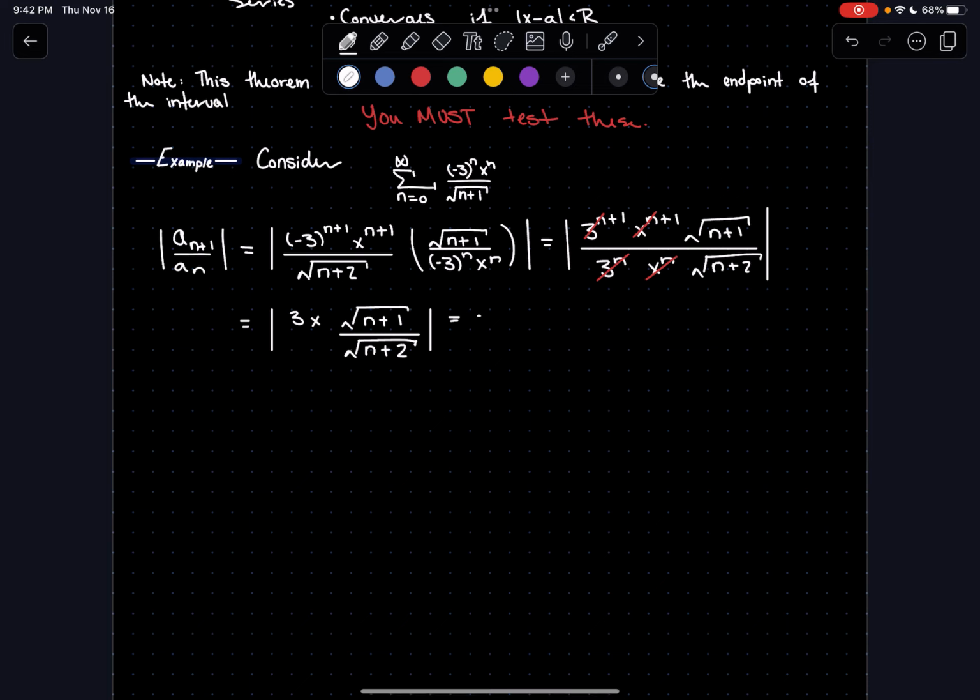I can do this as 3 absolute value of x. The absolute value of these square roots, those are going to be positive, so I don't have to worry. 3 is always positive. So I can stop dealing with absolute values for those, and I can rewrite this as square root of 1 plus 1 over n, right? I just factored out the n and then divide by square root of 1 plus 2 over n, right?